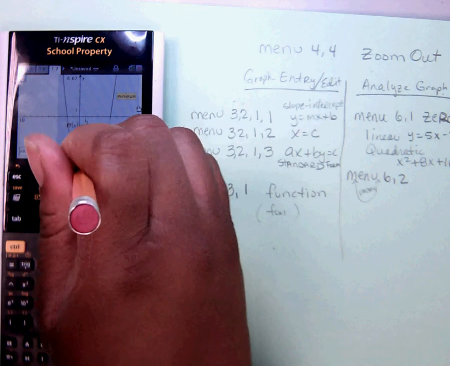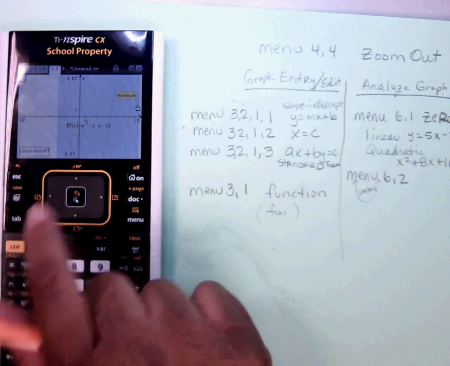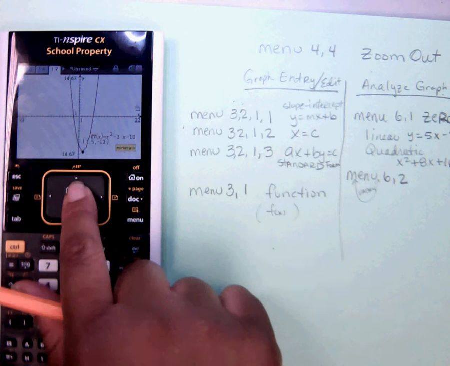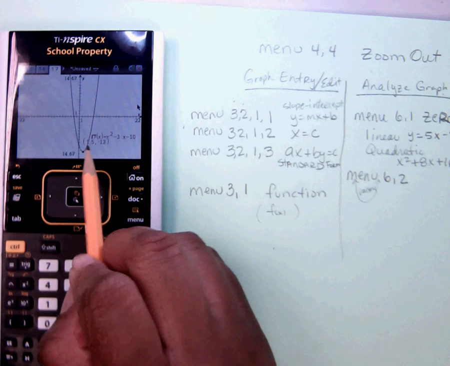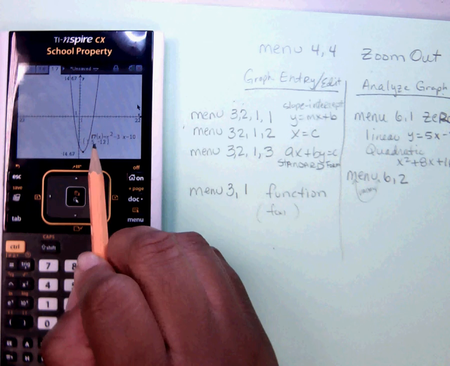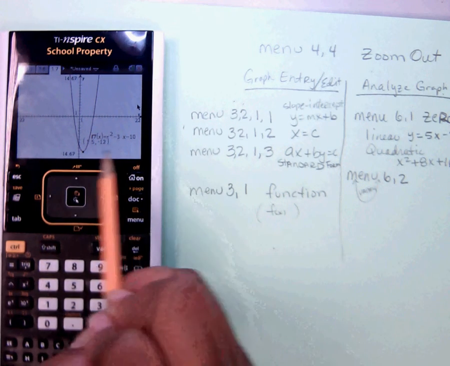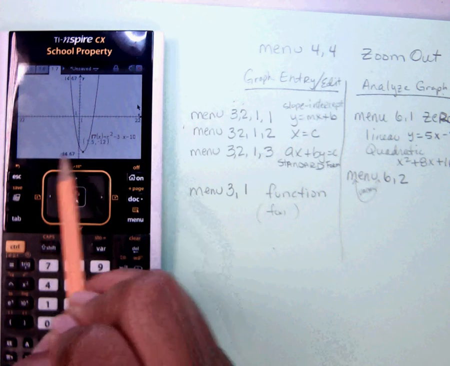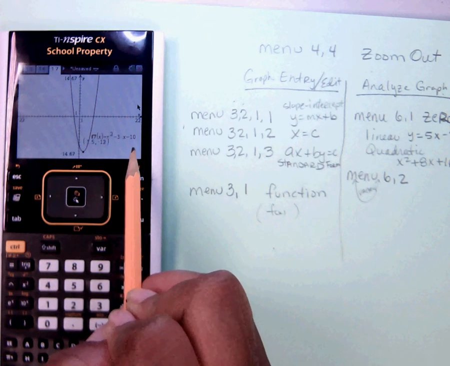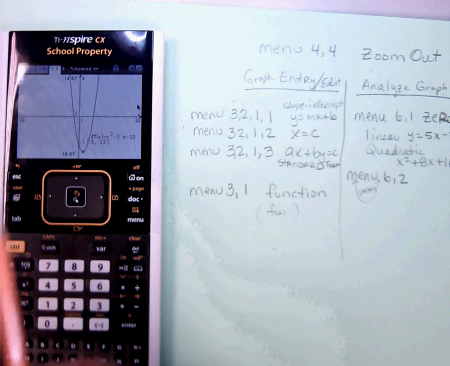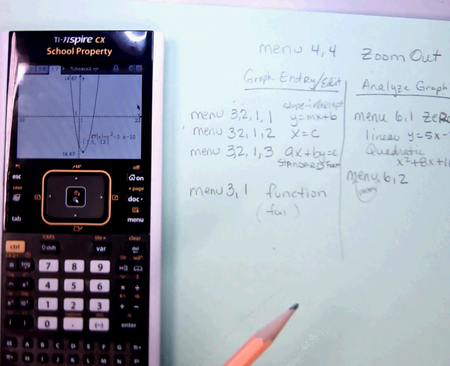We're talking about the valley of the parabola. And it brought it up for me. There it is. 1.5, comma, -12. So the minimum happens at y equals -12. It also shows me the vertex at that minimum, which is 1.5, comma, -12.